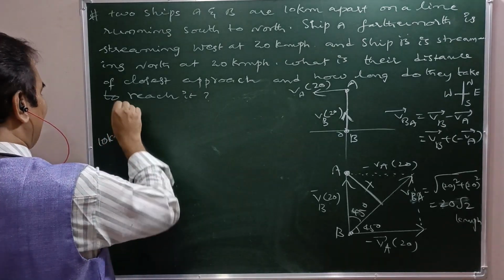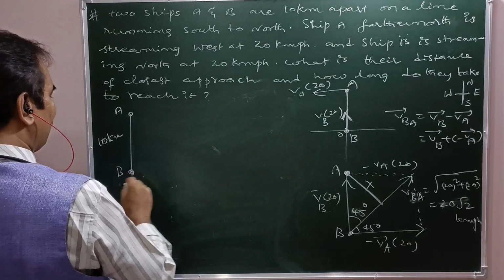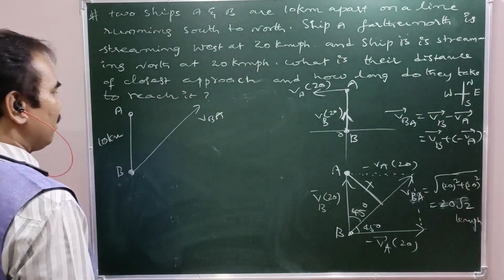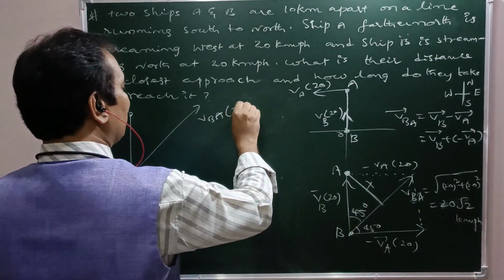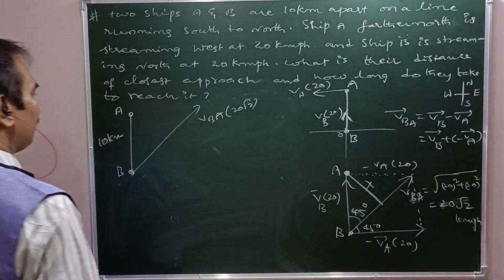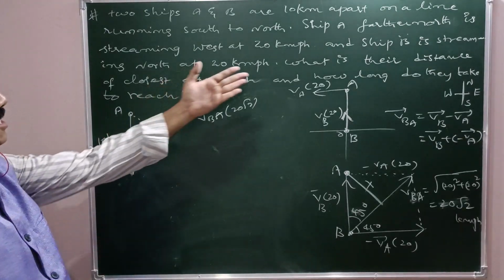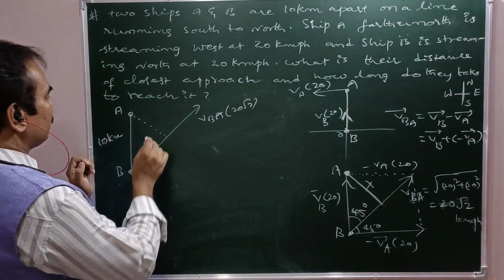This is A, this is B, and this is VBA, 20 root 2.